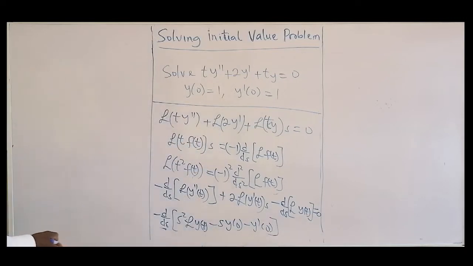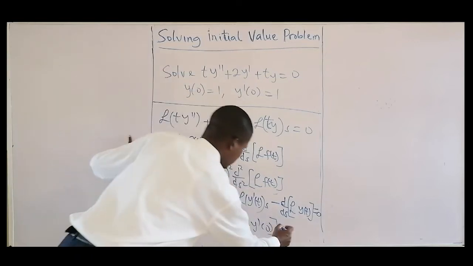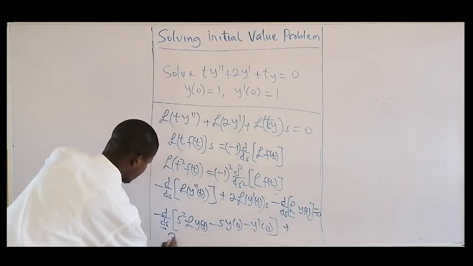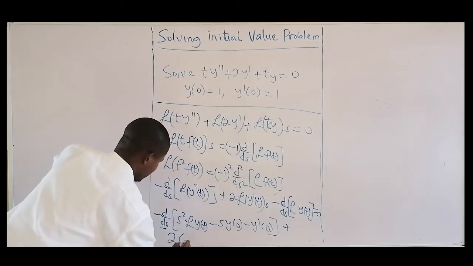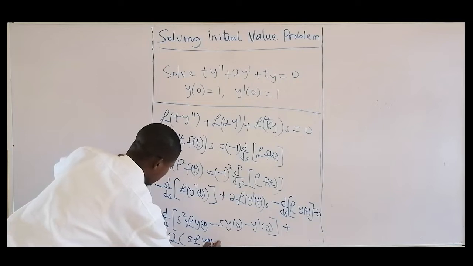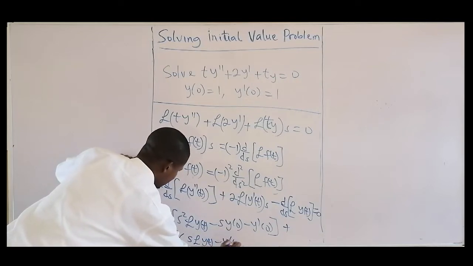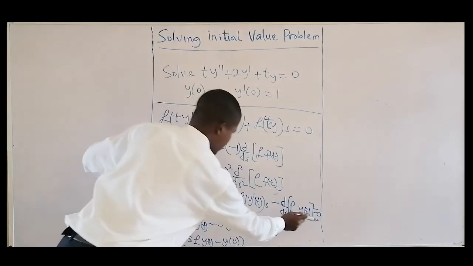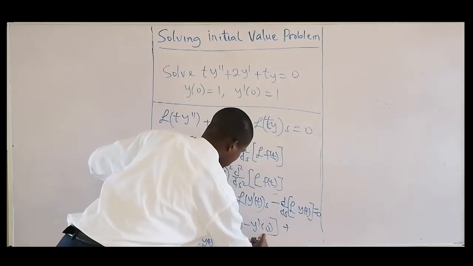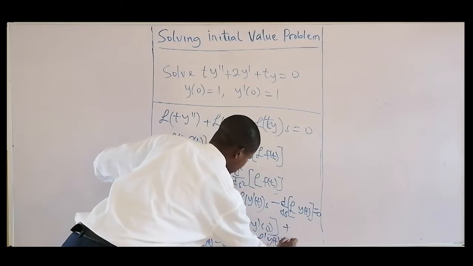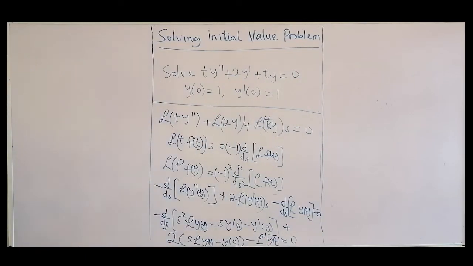That's the second differential. Then plus 2 times the Laplace of the first differential, which will go to s Laplace of y minus y of 0. Then this one will just be minus the Laplace prime of y of t equal to 0. So I'm going to copy that there.